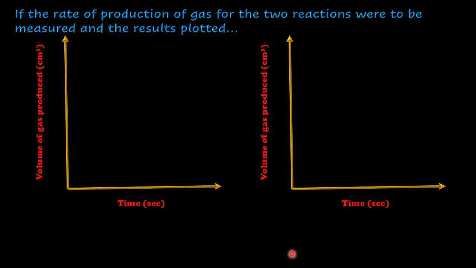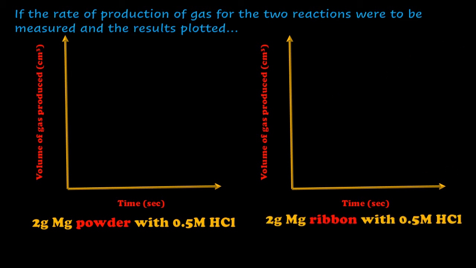We have 2 graphs. The first one considers the production of gas when we have 2 grams magnesium powder reacting with 0.5 molar hydrochloric acid, and on the other side we consider the same 2 grams magnesium, but this time a ribbon, reacting with 0.5 molar hydrochloric acid.